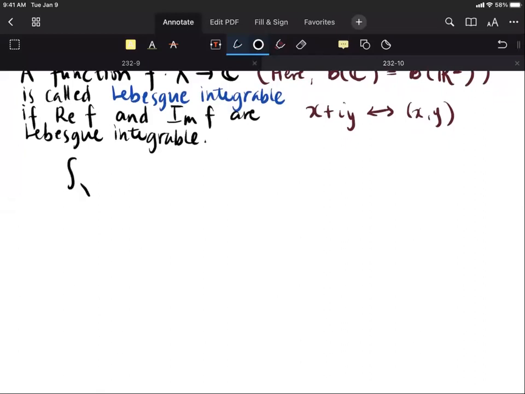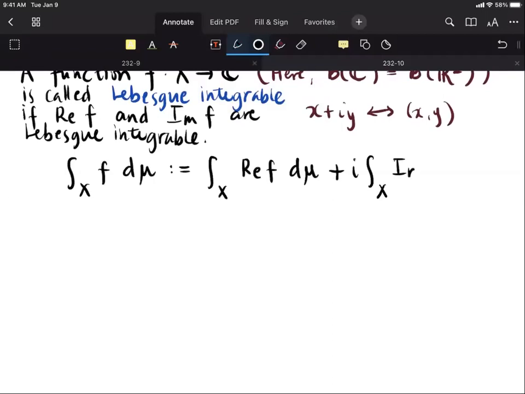And in this case, we define the Lebesgue integral of this complex valued function to be the complex number obtained as follows: the real part is the Lebesgue integral of the real part, and the imaginary part is the Lebesgue integral of the imaginary part.